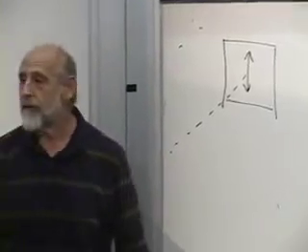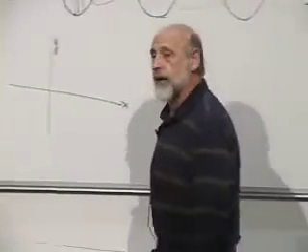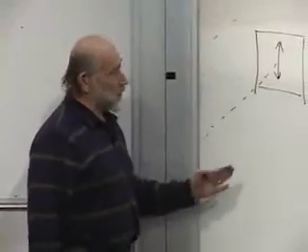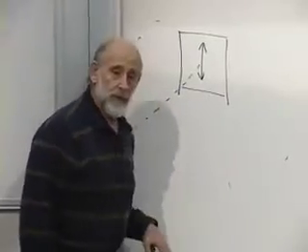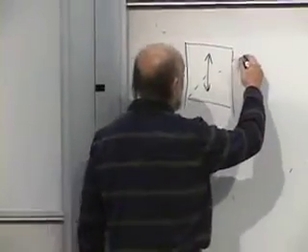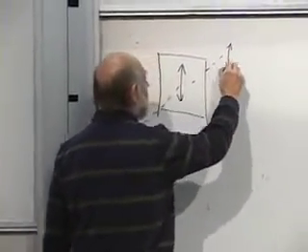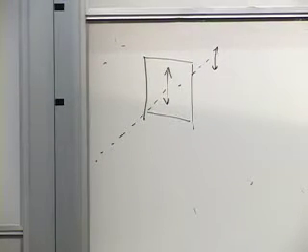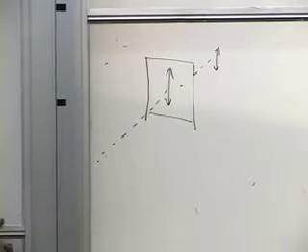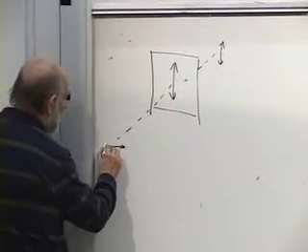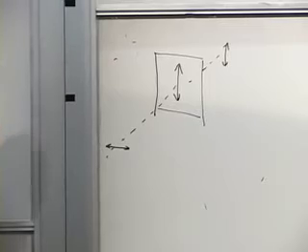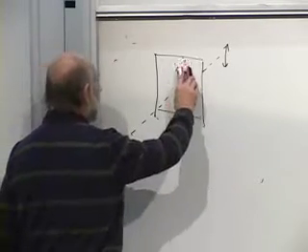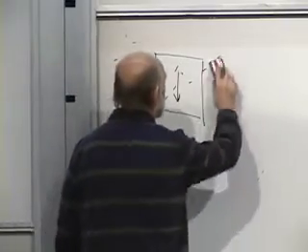If it happens to be a photon which is associated with an electromagnetic wave with vertical polarization, it will pass right through, come out the other side. And what's more, it'll come out the other side with the same polarization that it started with. On the other hand, if it's a photon which happens to have been associated with a horizontal polarization, then it won't go through. It may get absorbed or it may get reflected, but in that case, nothing comes out.